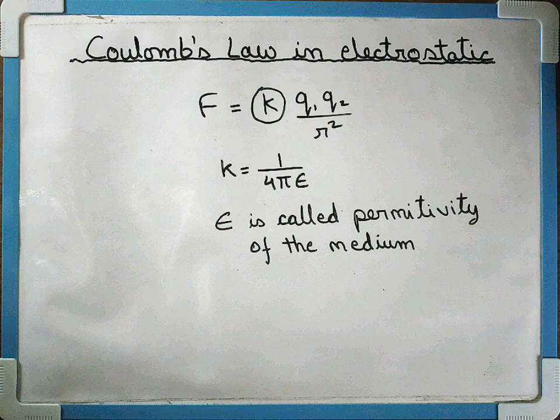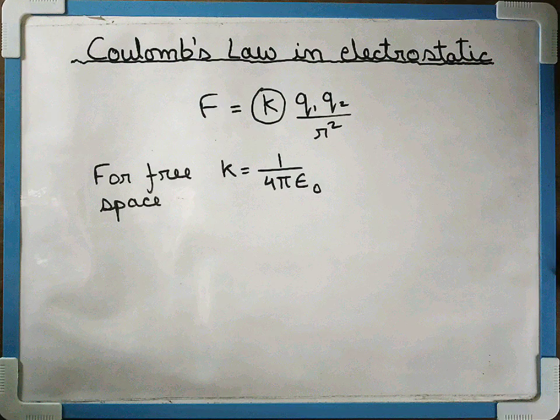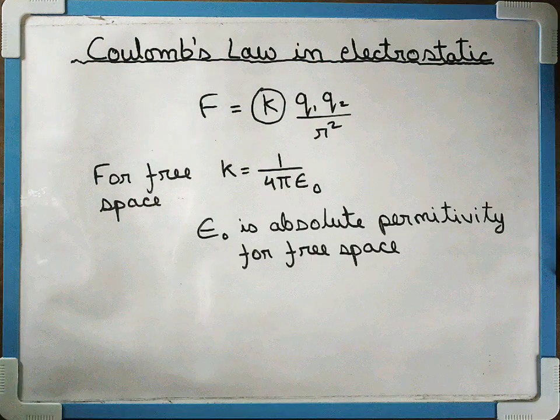Here, if we consider free space, that is air, then this K will be equal to 1 by 4 pi epsilon naught. Now epsilon naught is the absolute permittivity of free space.